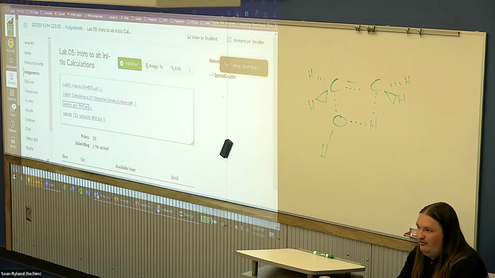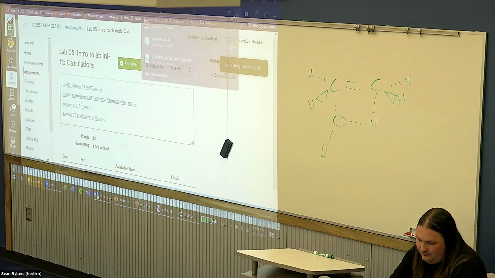It's a bit of a holdover from the way you have to submit the jobs when you're running them on your own computer. You have to have an input file in order to submit it to GAMESS to actually run the calculation. But they basically work just like a text file.